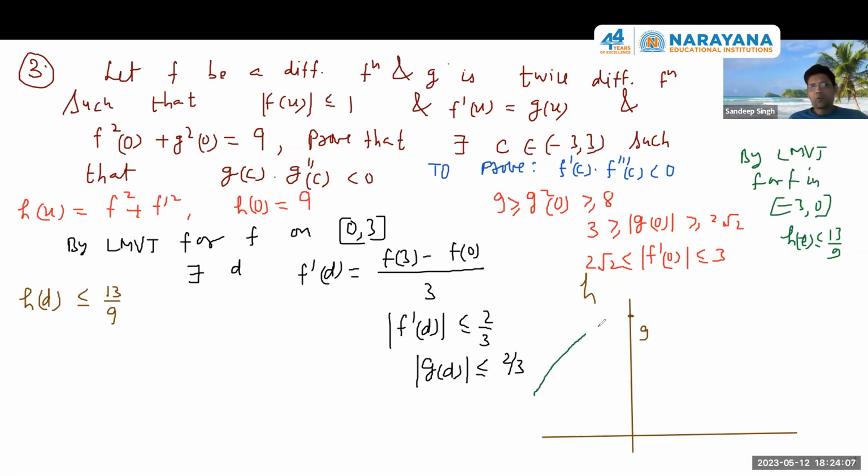In the best case, 9 itself could be a maxima. Either it will go up and then it has to come down because the value has to reach less than 13 by 9 on either side. Therefore, there must exist some point of maxima since it is a differentiable function, h we are talking about. Tell me, till here everything is clear?